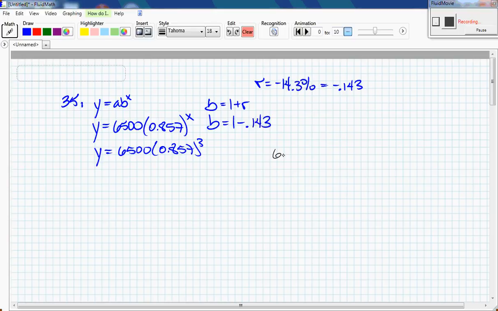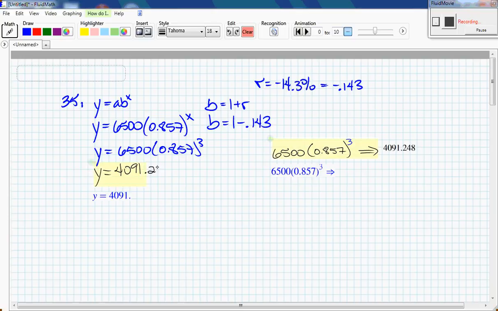So we have 6,500 times 0.857 raised to the third power. And that is, y is approximately $4,091.25 after 3 years. Okay, so that's 35.